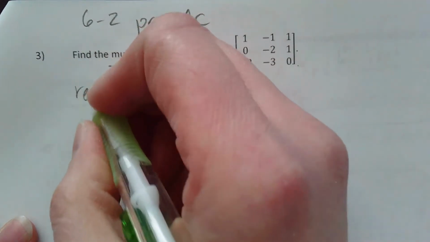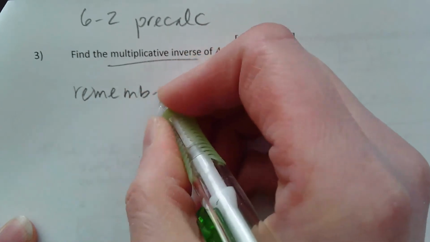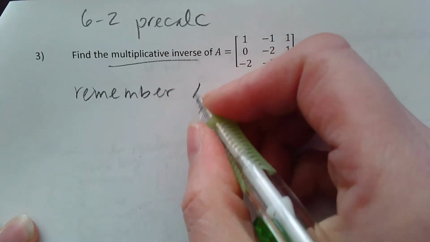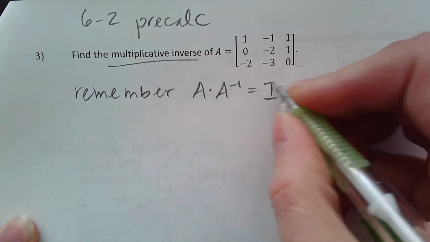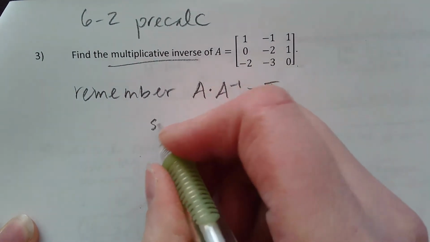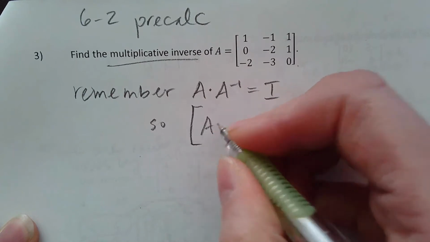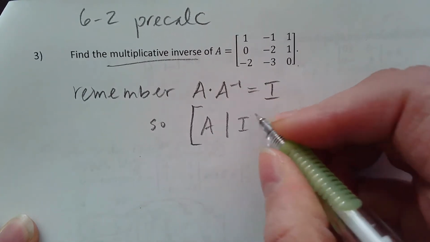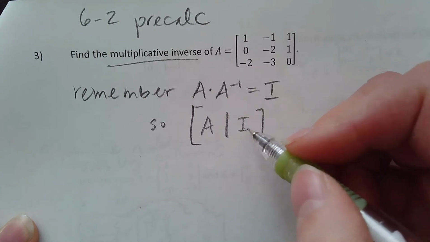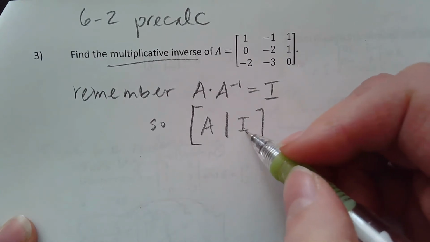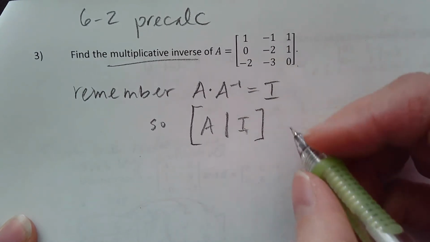So remember from what we already looked at in part 1 of our notes, if I take a matrix and I multiply it by its inverse, I get the identity. So what that means is that if I have A and I augment it with the identity matrix, so remember that means that line, this is instead of having our answers for X, Y, Z, this would be that actual matrix.